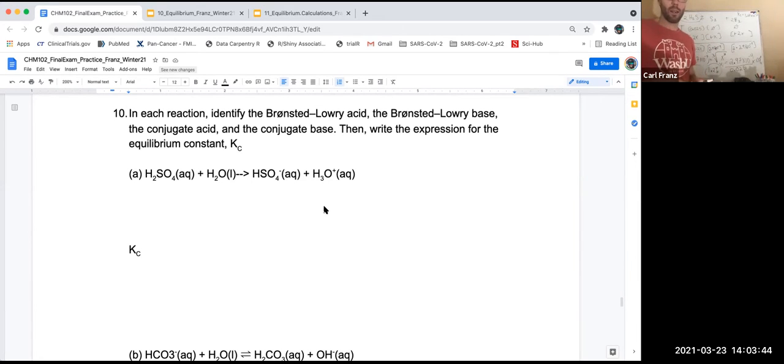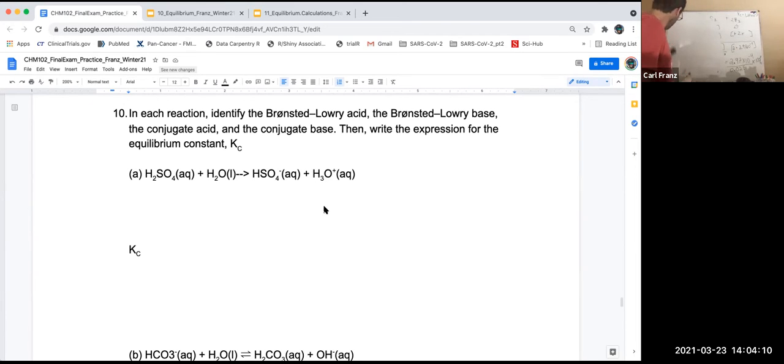Okay, we've got to find the Bronsted-Lowry acid and base, the conjugate acid and base, and then write the equilibrium expression for Kc. Okay, so let's do that.